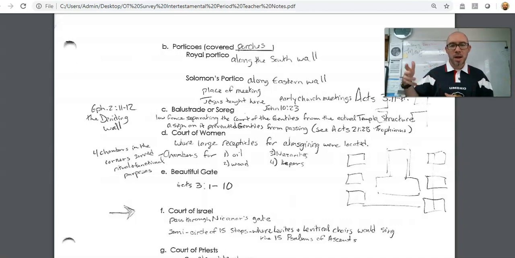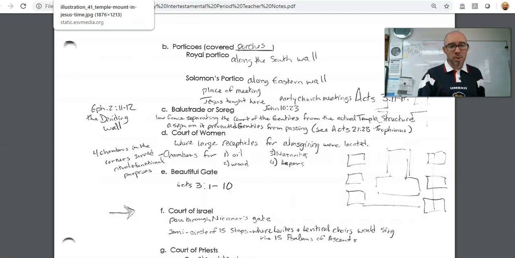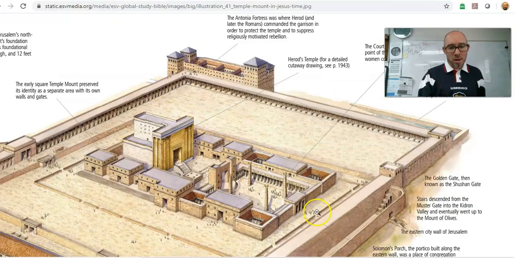And he takes up his pallet and he walks and goes jumping and leaping and praising God. It's at the Beautiful Gate where that happens. And he's got an audience there right now. They see what happens. They're going in and out of the temple complex. And so right here, he can preach to all these people on either side. That's where the Acts 3 sermon happens. It's right here at this Beautiful Gate and in the court of the women.